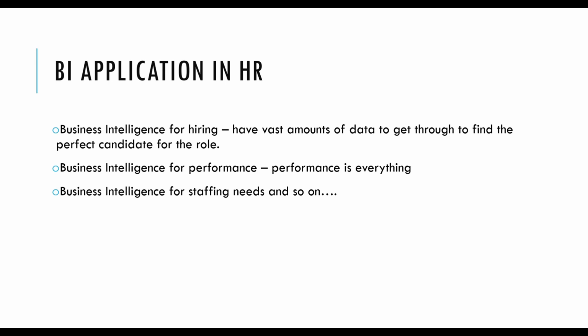Business intelligence for staffing needs. One key factor for business intelligence software is its ability to visualize data and make it more understandable, especially if you are not a data scientist. For HR, this can simplify a number of processes and optimize the needs of particular employees and teams.